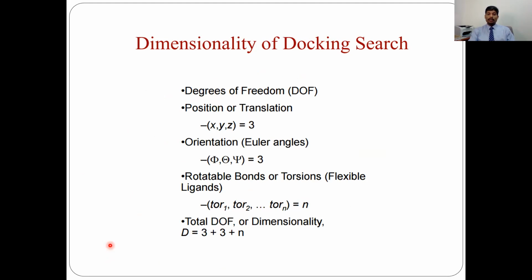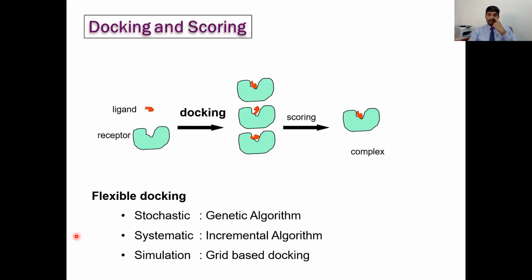If you want to give this freedom, there should be a systematic method to allow different structures to go and bind and calculate the score. That's why so many different kinds of algorithms were developed.